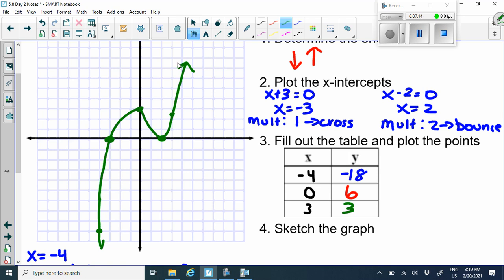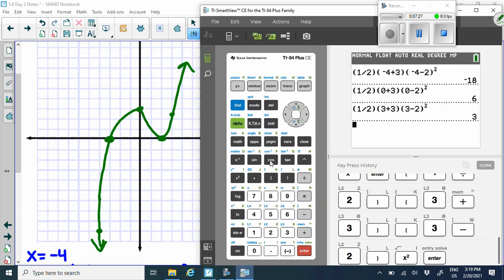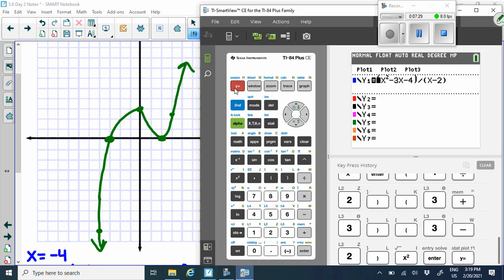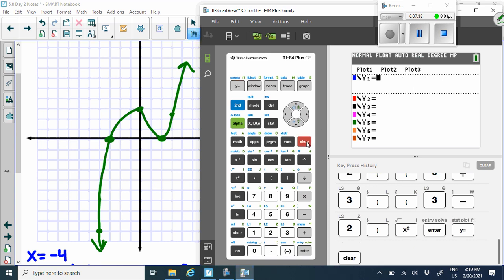Now you might be wondering, well, how am I really supposed to know it's going to look like this, especially now that we have other points, okay? Well, you can definitely check your answers by plugging it into the graphing calculator. So let's say we go into the y equals. If you have anything here, go ahead and clear it, okay? So let's go ahead and plug in that function and see if it looks similar to what we have so far.